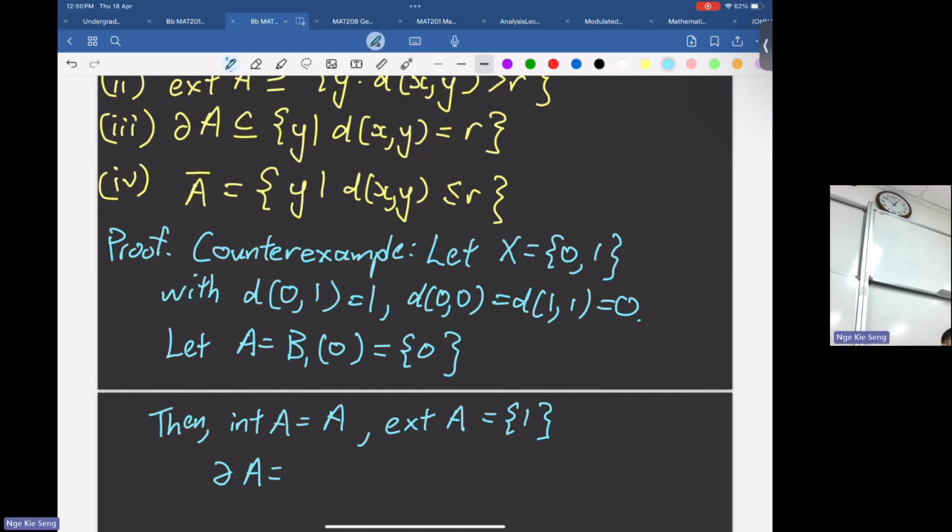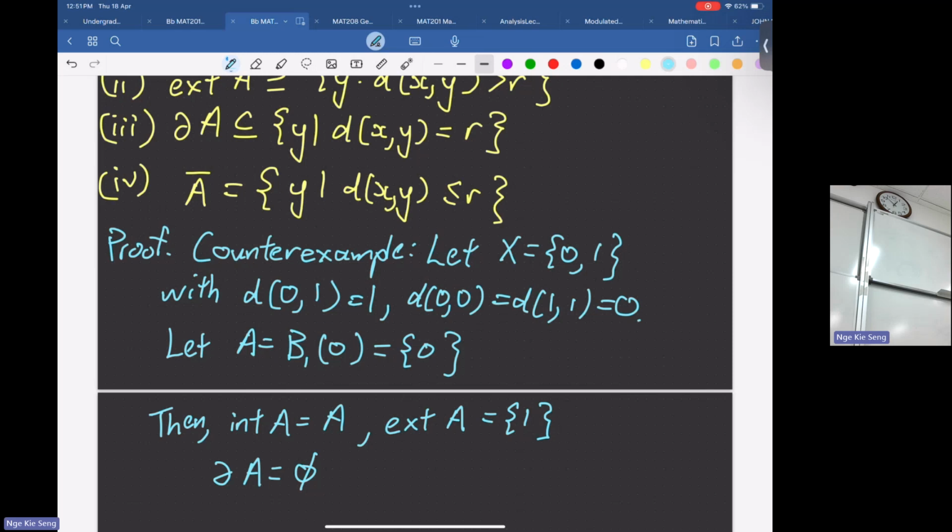It should be nothing, right? Open ball, strictly less than 1.